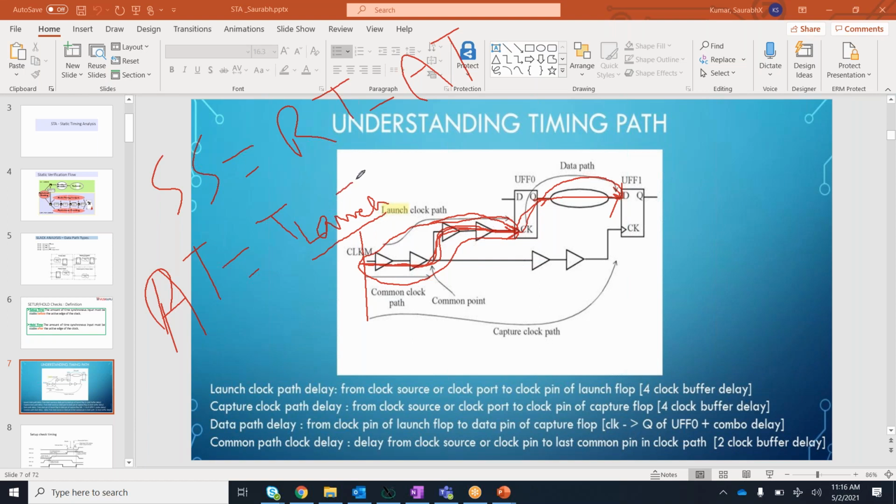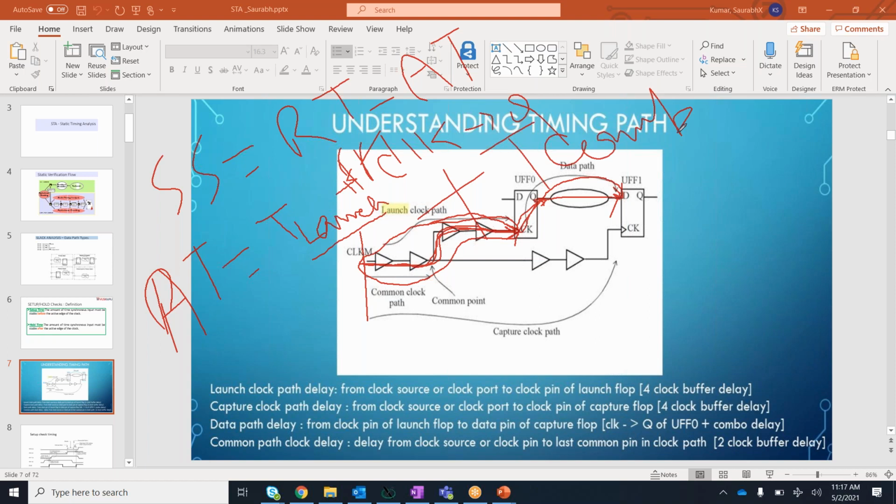After this, clock to Q delay. Clock to Q delay of which flip flop? Flip flop 1. T launch plus clock to Q delay of flip flop 1, meaning the launch flop, plus T combinational.